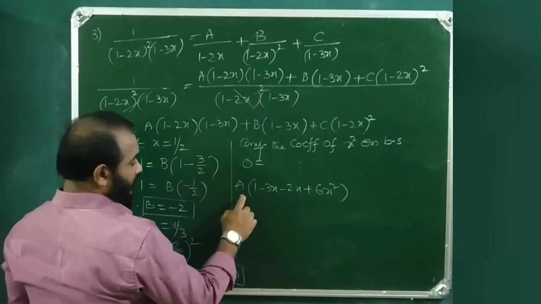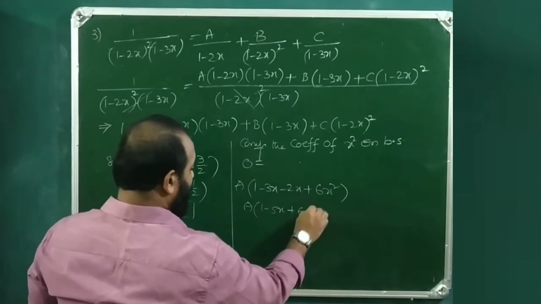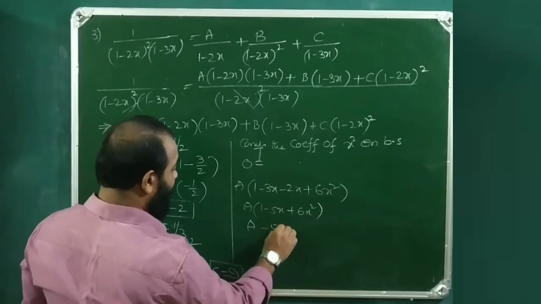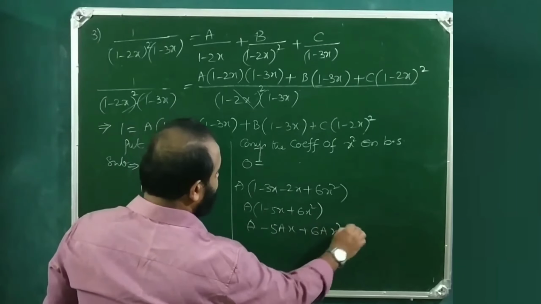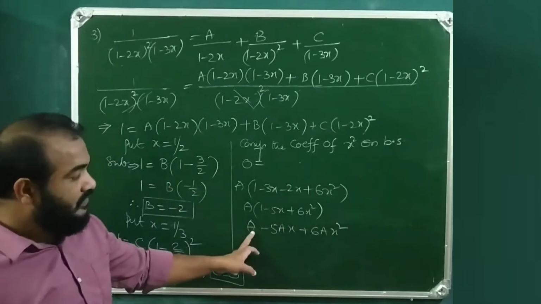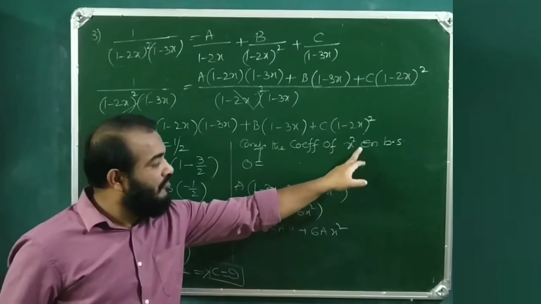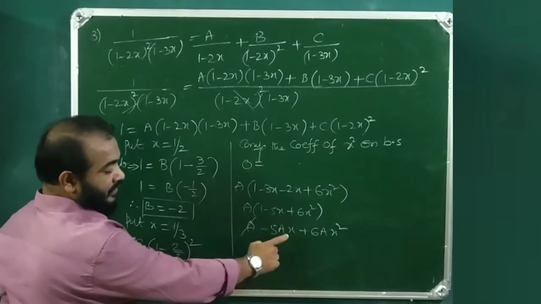So that means this is a into (1 minus 5x plus 6x square). So this is a minus 5ax plus 6ax square. a is a constant, but we are trying to compare the coefficient of x square. Therefore, this we don't require. This is the coefficient of x. This we don't require. So the x square coefficient is 6a here.